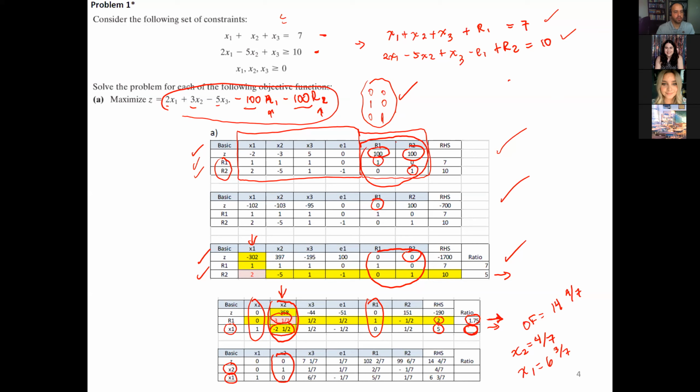So you don't want them to be part of your solution because they are not part of the original problem. In the case of the big M method, you keep them in a tableau, but you want to make sure that they are not part of the basic variables at the end of the solution, right? Because if they are not a basic variable, that means that their value is equal to 0. So they are not making a difference. They're not making an impact in your problem.